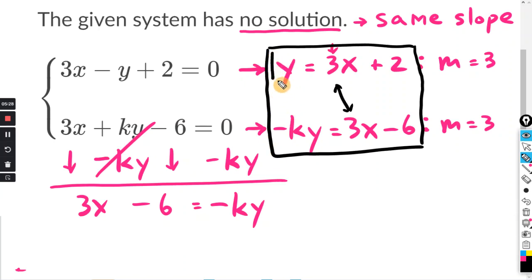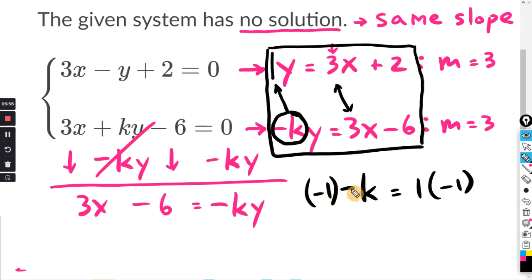So we want this to match right here. We want negative k to equal 1. We already have the y's matching; we just need the coefficients to match. So negative k equals 1. If you want to get rid of that negative sign, just multiply by negative 1 on both sides.